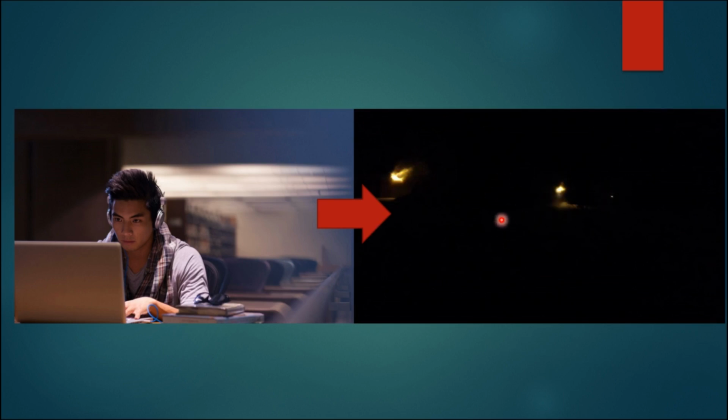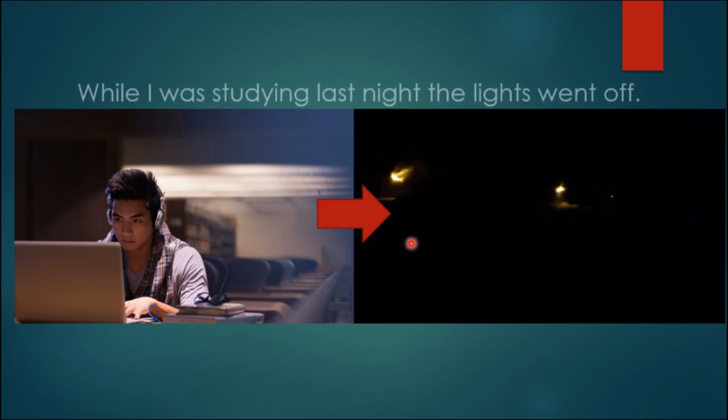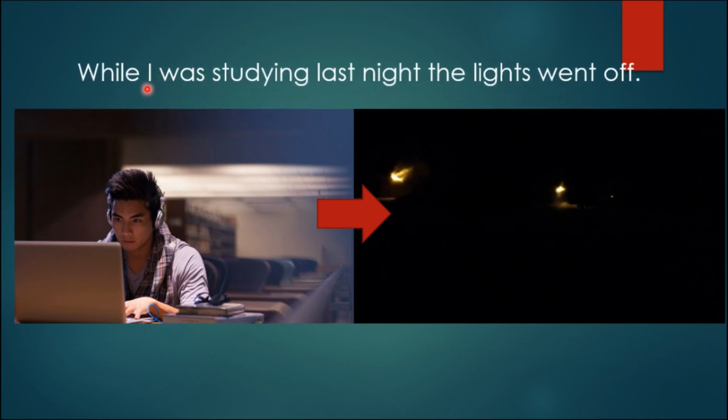He is here in this room, but the lights went off. Look, these two rooms are the same. I gave an arrow mark here also. How can you express such expressions using the past continuous tense? Look, "While I was studying last night", here I means Rahul, "the lights went off." Good.